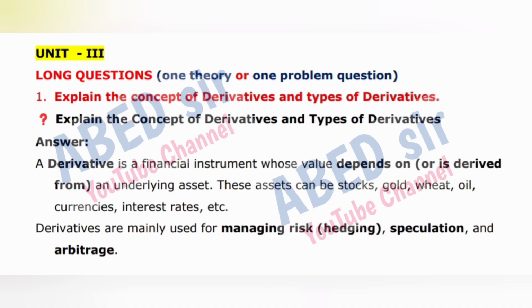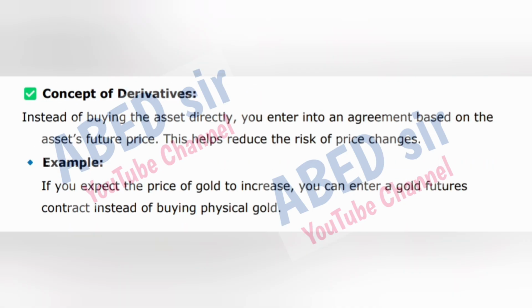These assets can be stocks, gold, wheat, oil, currencies, interest rates, etc. Derivatives are mainly used for managing risk, hedging, speculation, and arbitrage. Concept of derivatives. Instead of buying the asset directly, you enter into an agreement based on the asset's future price. This helps reduce the risk of price changes.